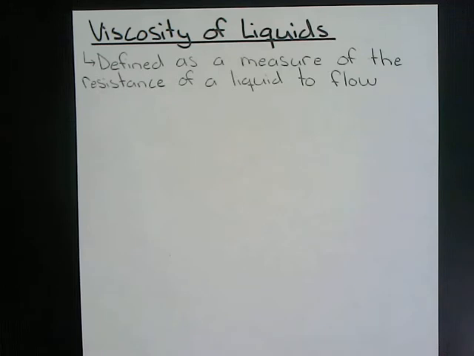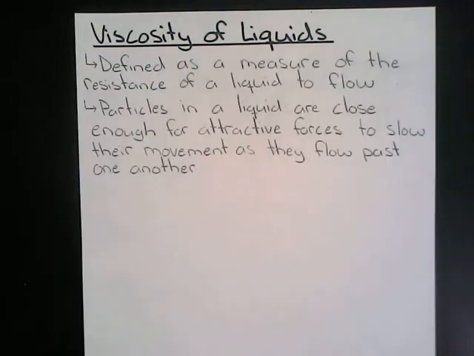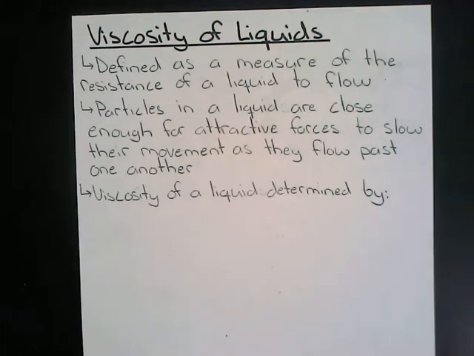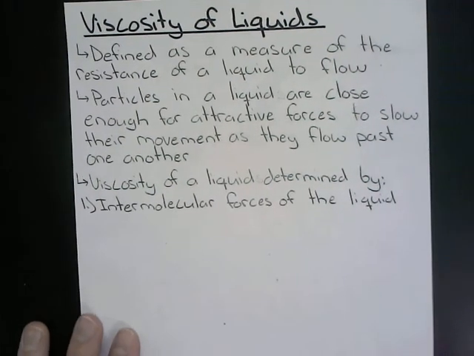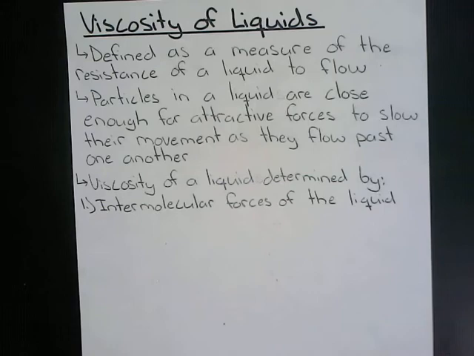Now, what we have to remember is that particles in a liquid are close enough for the attractive forces, those intermolecular forces, to slow their movement as they flow past one another. Now, the viscosity of a liquid is determined by three things. The first is the intermolecular forces of the liquid. The stronger those attractive forces, the higher the viscosity.